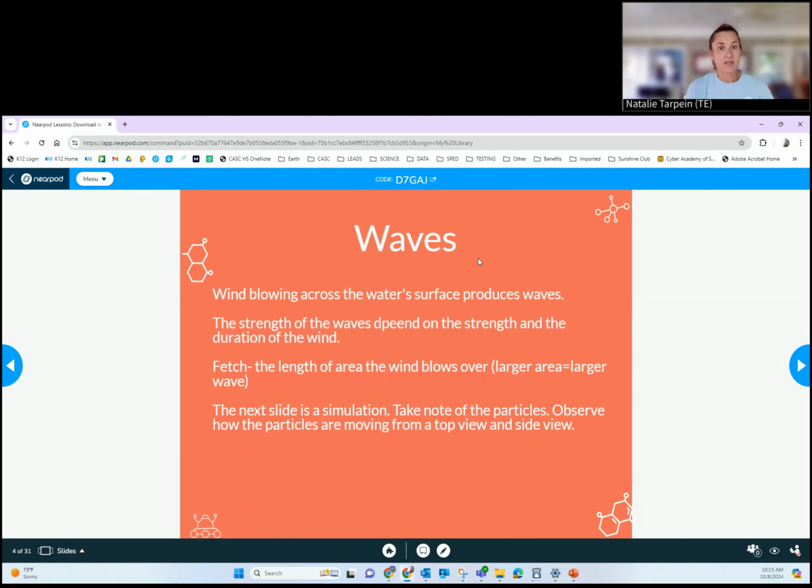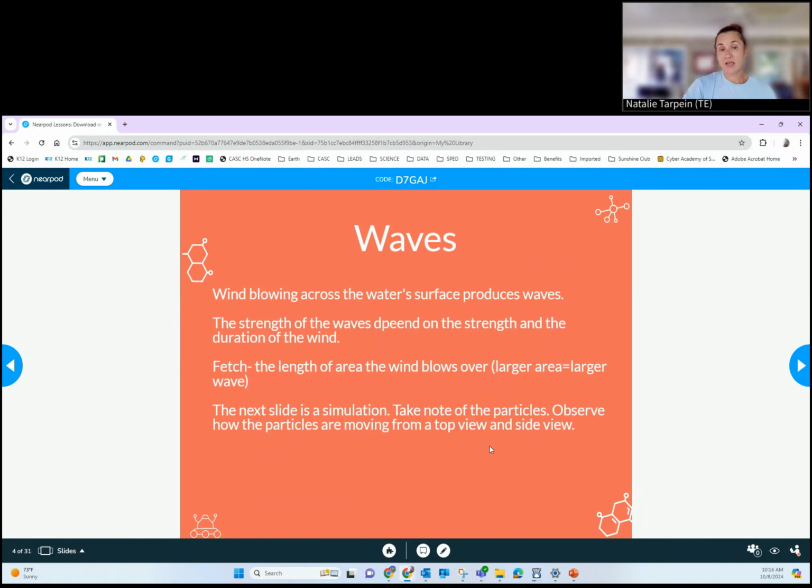Of course, the size of those waves depends on how strong the wind is and how long the wind blows, so strong and long. And also something called the fetch. Right here is that word. The length of the area the wind blows over. So the larger the area, the larger the wave. All just common sense.